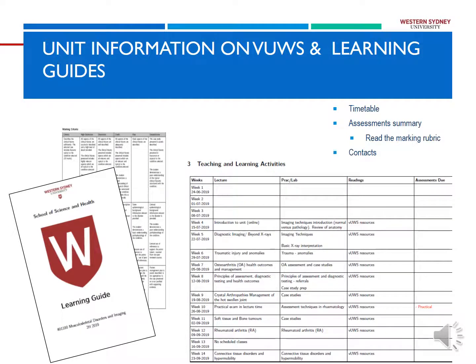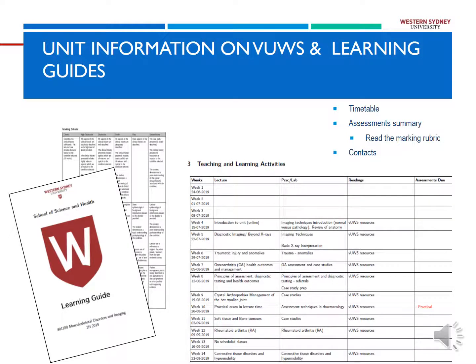Attendance at the practical or lab is not compulsory, however it is recommended. Do remember that this unit in particular is teaching you a lot around rheumatic diseases, bone health, as well as neoplasms. These are items that you will see in clinical practice every day, every week, for the majority of them.